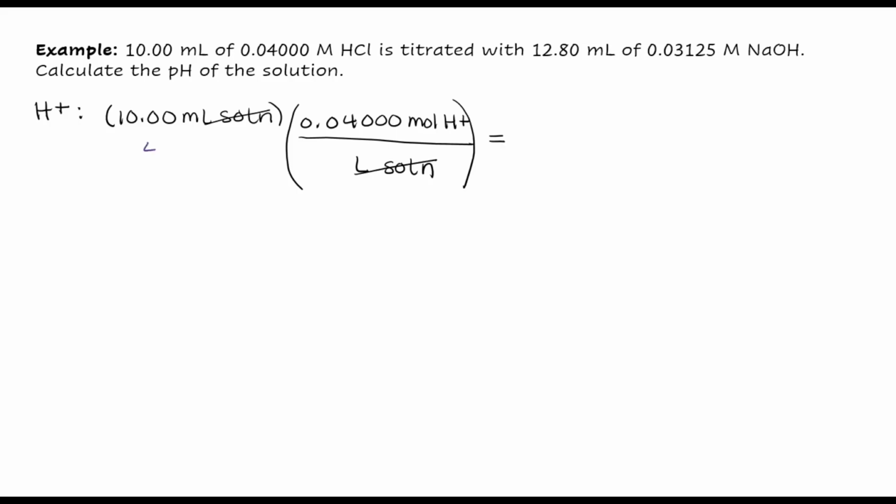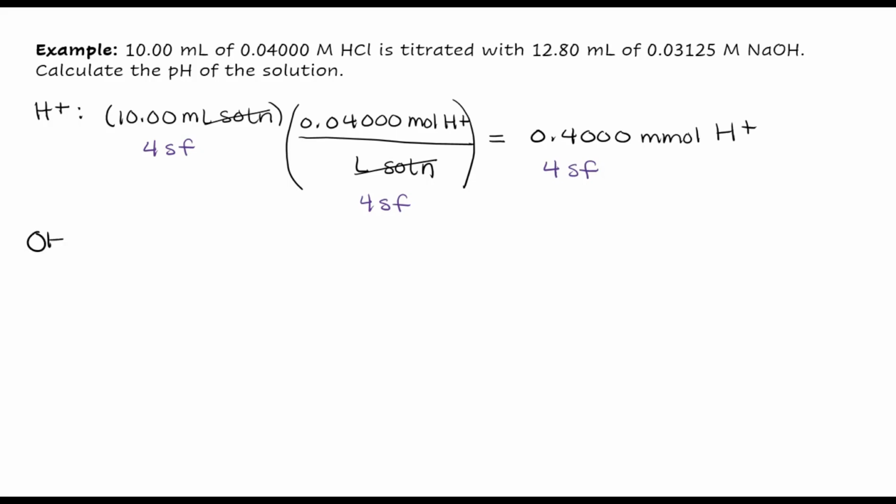Looking at our sig figs, we have 4 sig figs from our volume, 4 sig figs in our molarity, and that will give us 4 sig figs for our millimoles. Doing the math, 10.00 times 0.04000 rounded to 4 sig figs will give us 0.4000 millimoles of H plus.